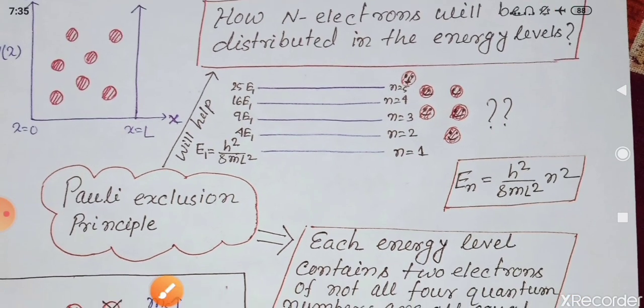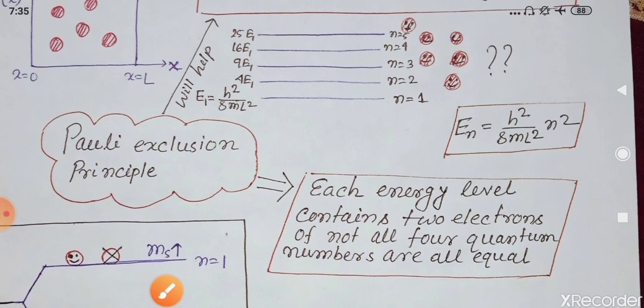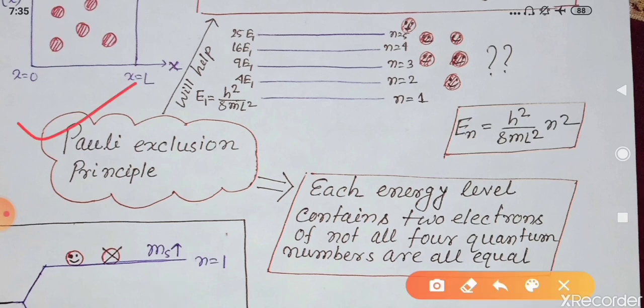How do we tackle this problem? We will use the Pauli exclusion principle. What is that? According to this principle, each energy level contains 2 electrons, and the condition is that for those 2 electrons, all 4 quantum numbers should not be equal.